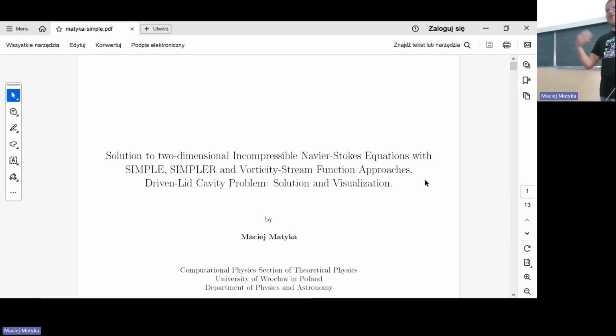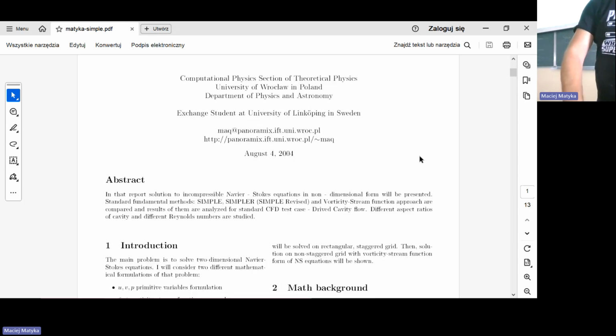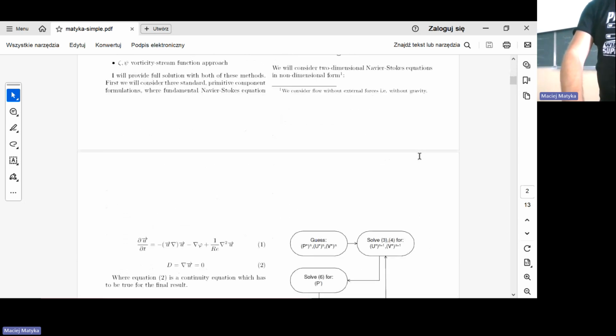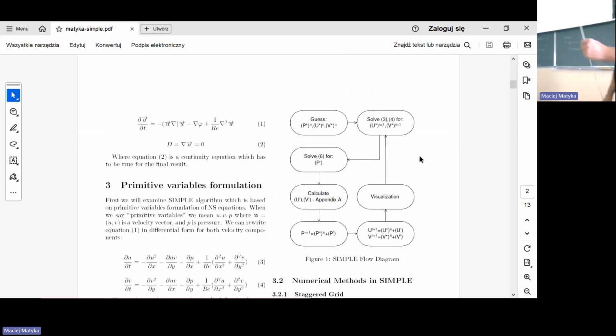We have to do some kind of predictor-corrector steps, because these are 2 equations that work together, and the continuity equation is not fulfilled when we solve directly the momentum equation. Let's see the math background again.